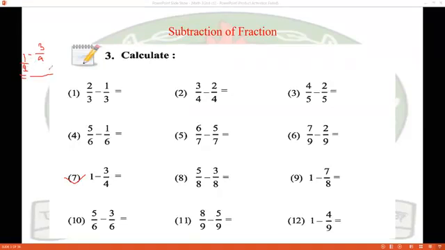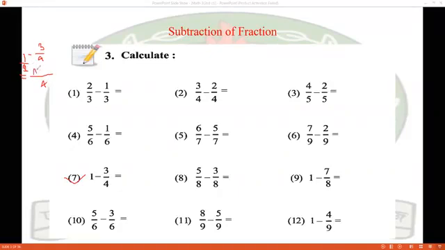So the denominator will be 1 into 4, so it will be 4. The rule for the same denominator is not applied for this math because there is no common denominator. So at first you have to divide the common denominator by the individual denominator, then multiply with the numerator. So 4 divided by 1, you get 4.